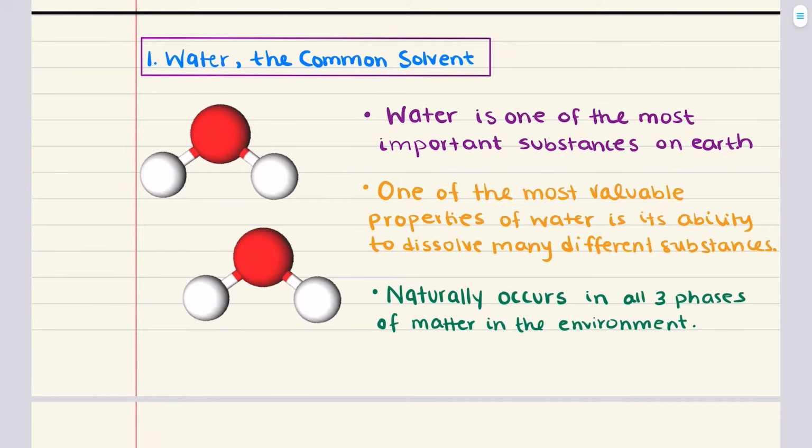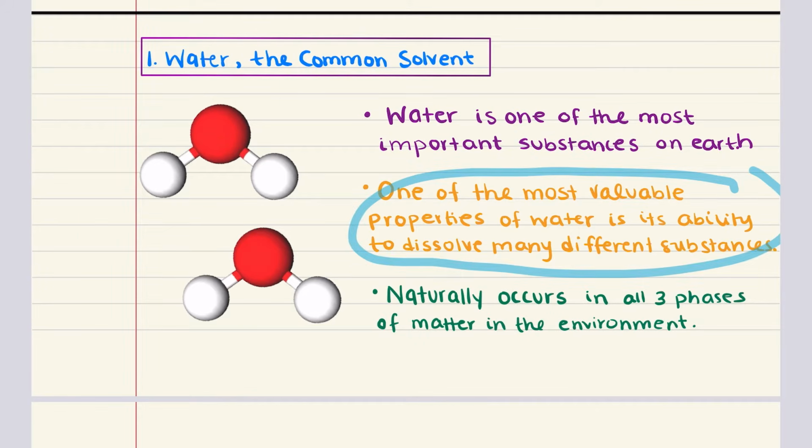It is essential for sustaining the reactions that keep us alive, and it very much affects our lives in many direct and indirect ways. One of the most valuable properties of water is its ability to dissolve many different substances.